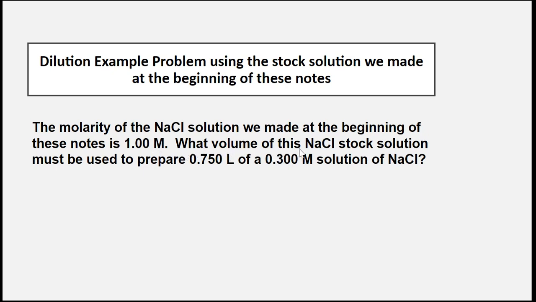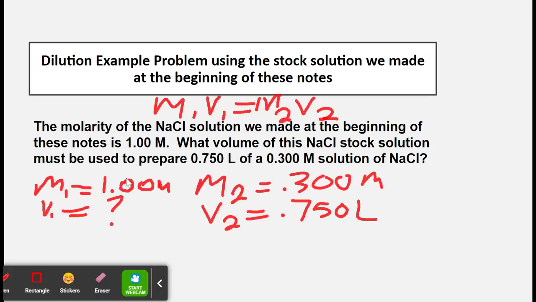What volume of this sodium chloride stock solution must be used to prepare 0.75 liters of a 0.300 molar solution of sodium chloride? So my M1 is 1.00 molar. My V1 is what I'm looking for. My M2 is 0.300 molar, and my V2 is 0.750 liters of solution. I'm going to write these in my equation right here.